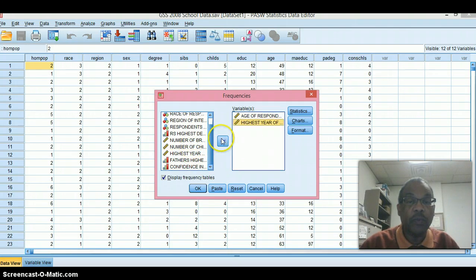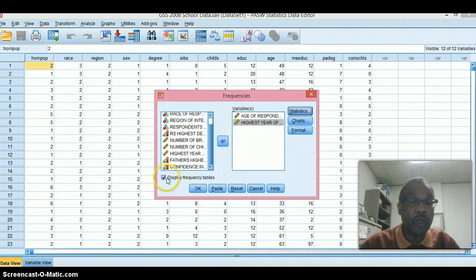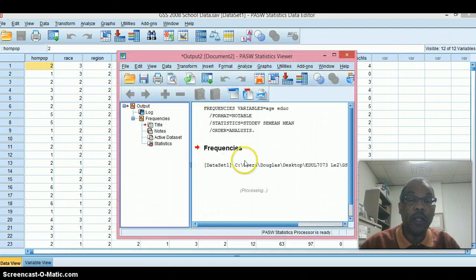There we go. And the statistics we need are mean and standard deviation, and I haven't explained this yet, but I'm going to select standard error of the mean as well, and I'll illustrate and tell you why in a little bit. Continue. Again, we're not doing anything new, so I'm doing this pretty quickly.